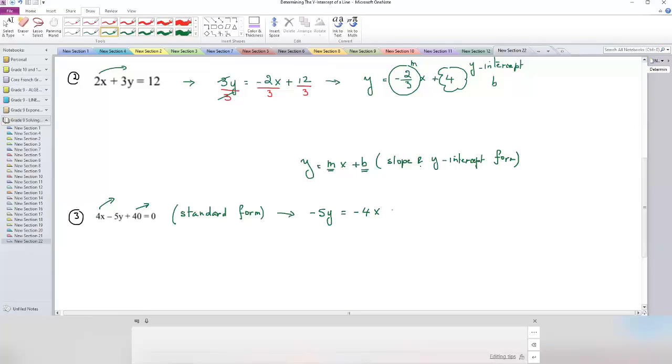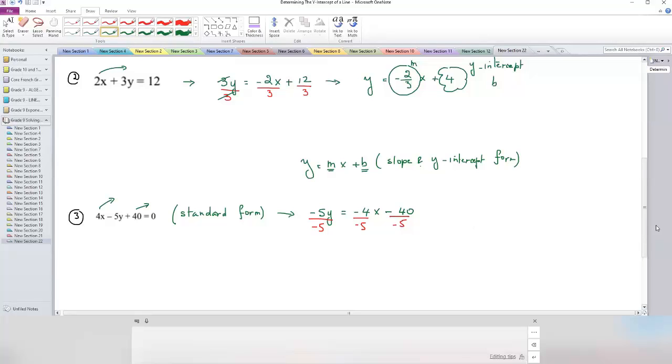The 40 is positive, when we change the side it's going to be negative 40. But I still need to really isolate the y. So I need to divide by negative 5. And if I do that on the left side, I have to do it on the right side too, to keep the balance of this equation.